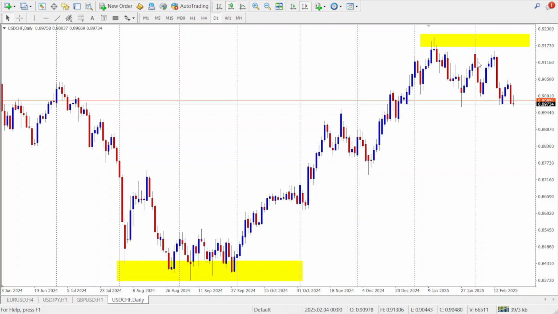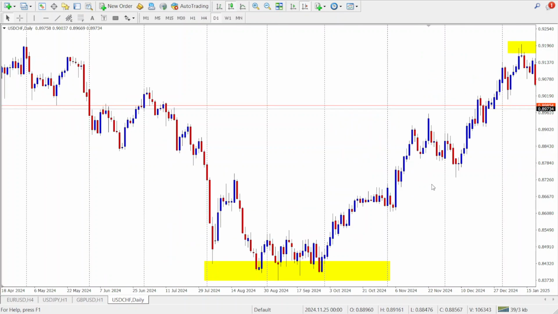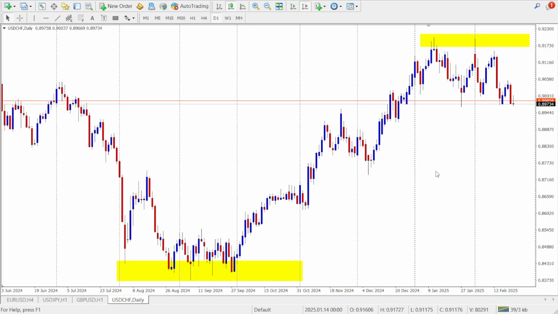Similarly, when price reaches a supply zone and fails to break through, we could see it reverse back downwards. So by identifying these flip zones, we can anticipate where the market is likely to change direction and position ourselves for higher probability trades. So how do we identify these flip zones?